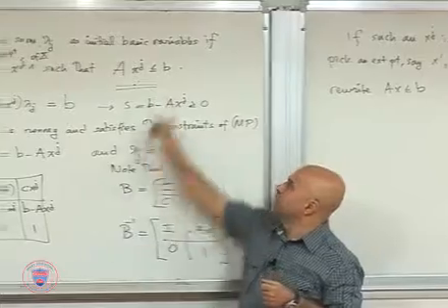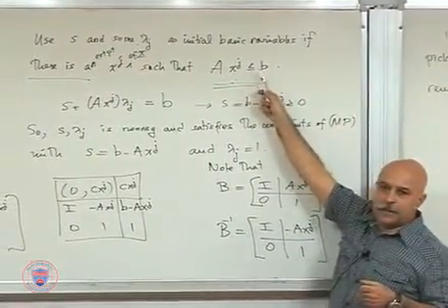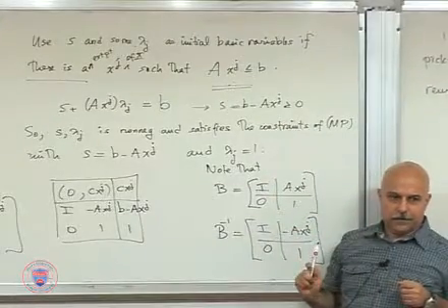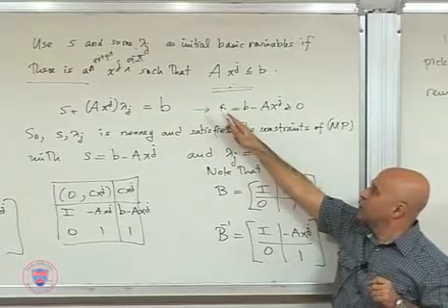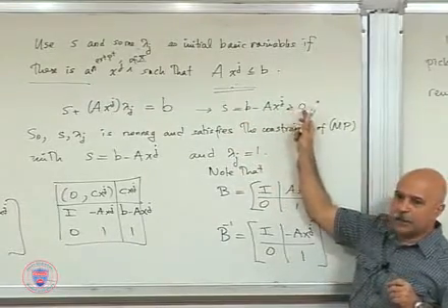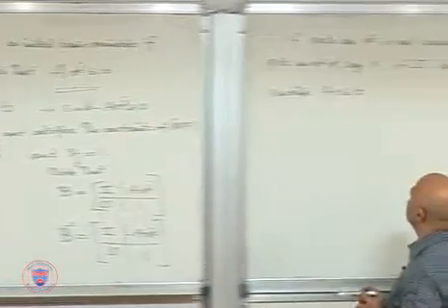If it doesn't, this is violated in at least one constraint, or in at least one inequality, which means that at least one component of the S vector will be less than 0. Okay?